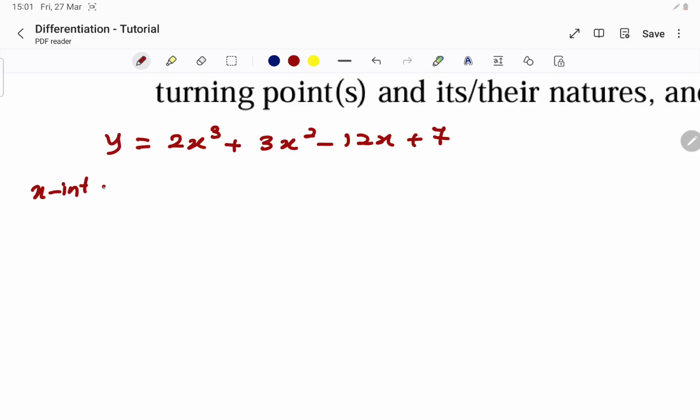For the x-intercept, you have to let y equal to 0. So 2x cubed plus 3x squared minus 12x plus 7 equal to 0, and then you have to find the roots.